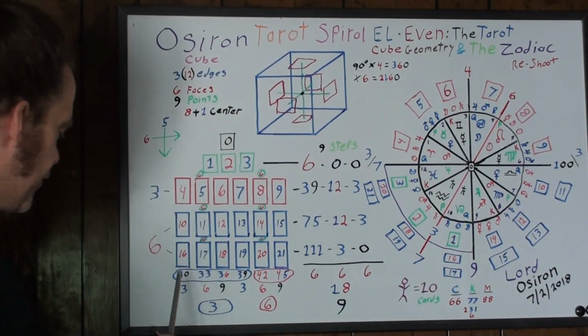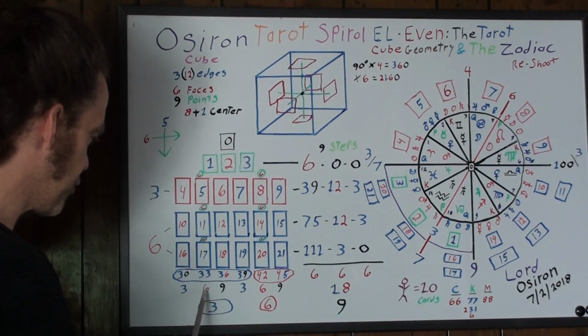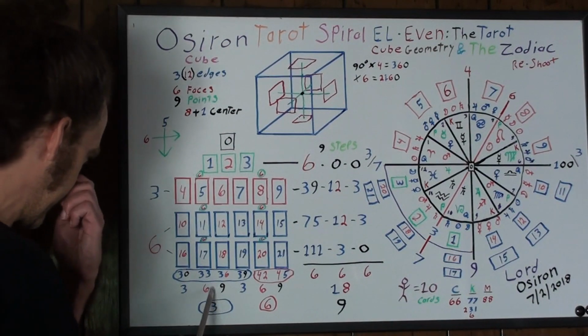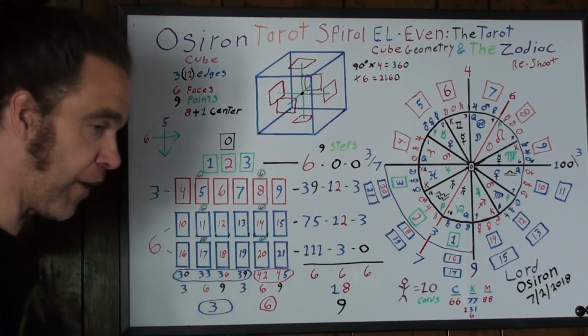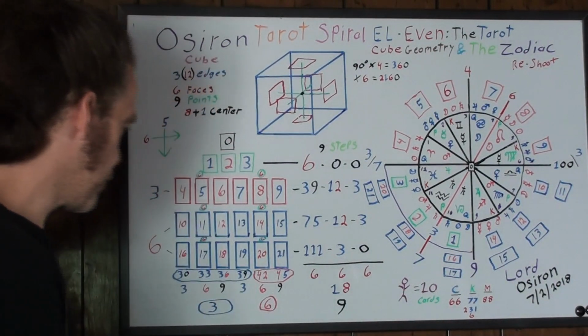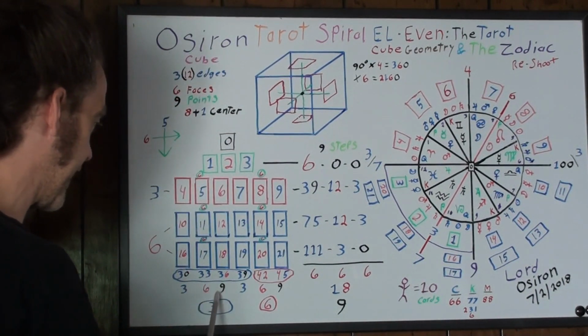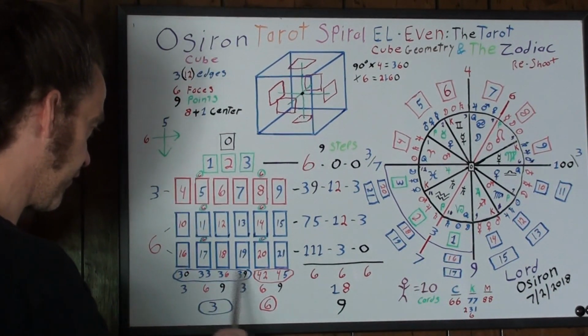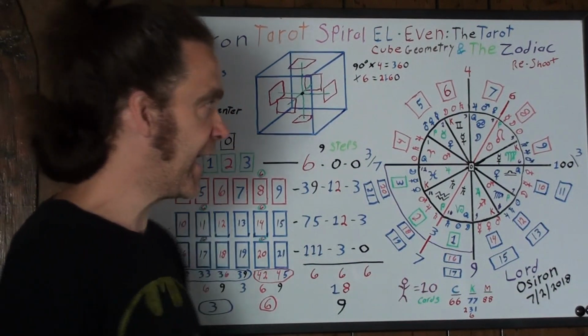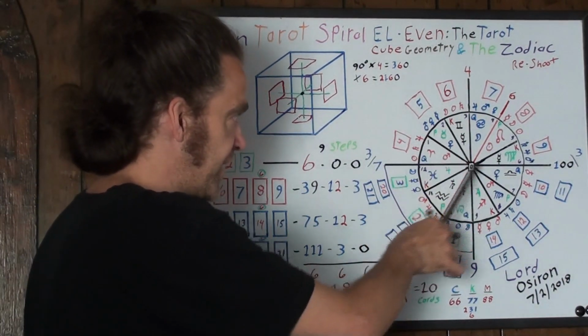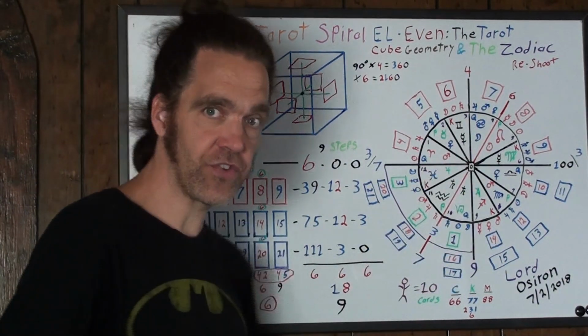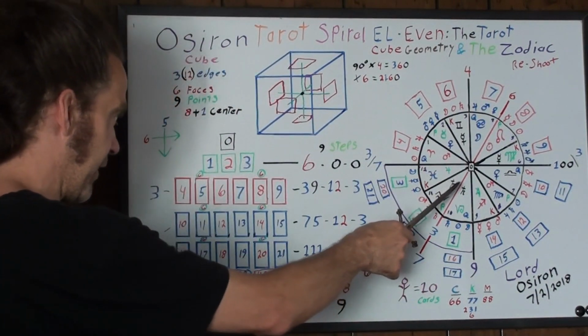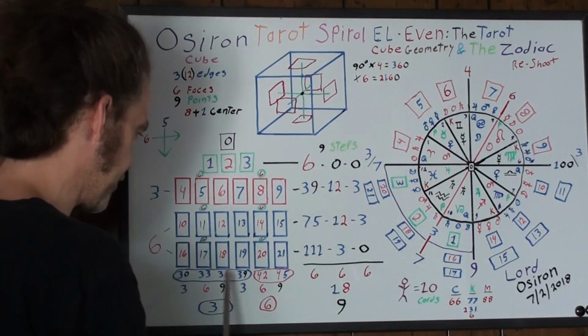But what happens is, this 30 becomes a 3, this 33 becomes a 6, this 36 becomes a 9, and then this 39 becomes a 12 before it becomes a 3 again. So we're seeing the 3, 6, 9, and 12 presentation done in 4 steps. Well, that's the Zodiac. We have the 4 quadrants of the seasons, and then we have the 12 houses. So we're seeing the link with the Zodiac and the cube here in this first section.